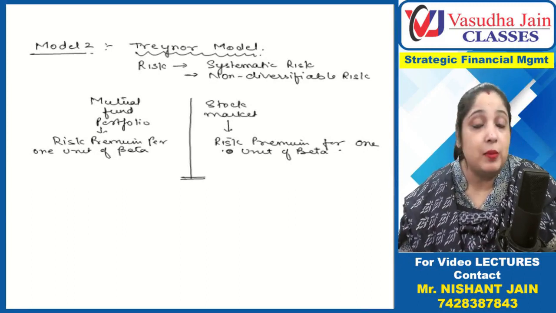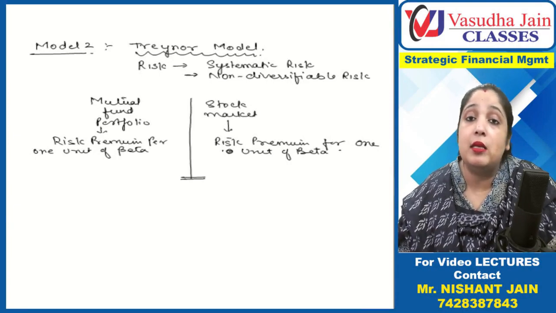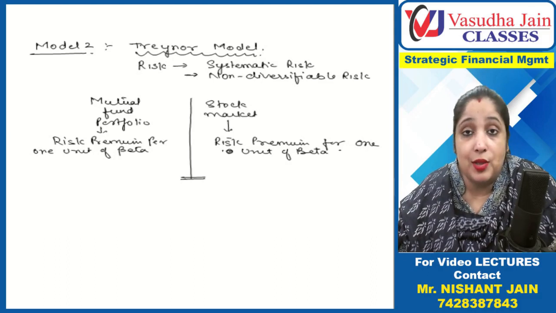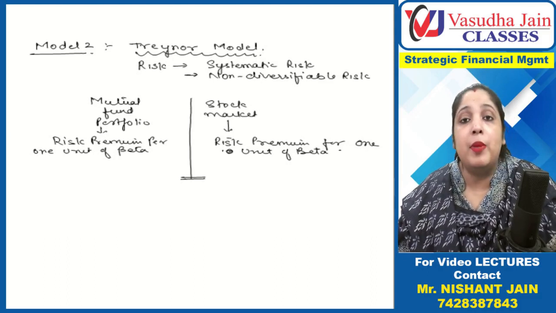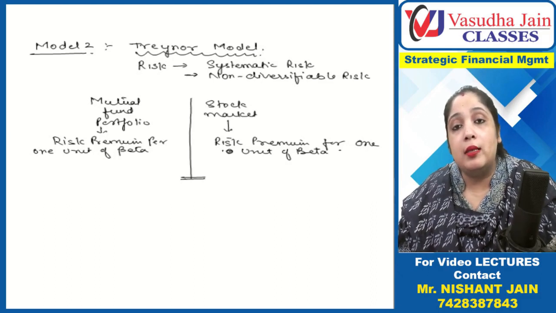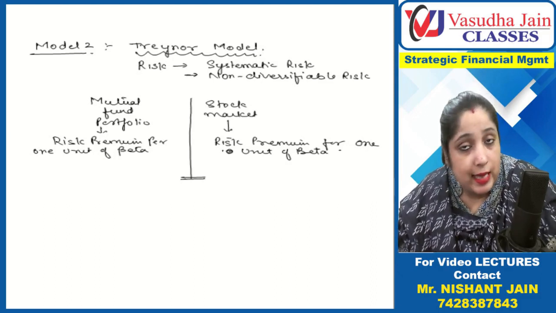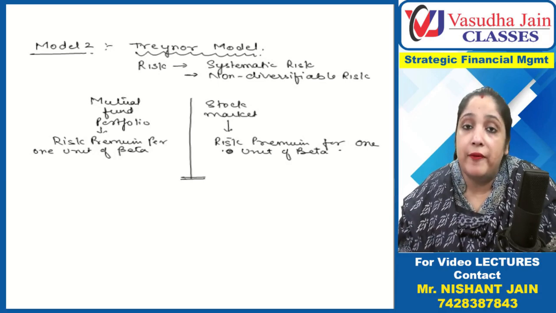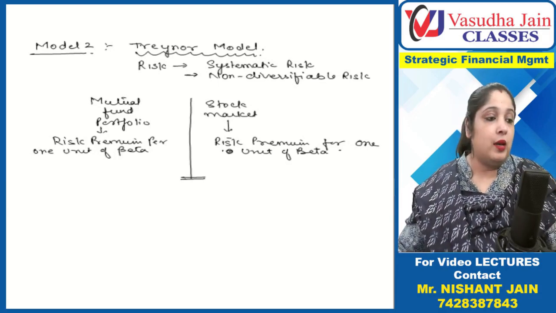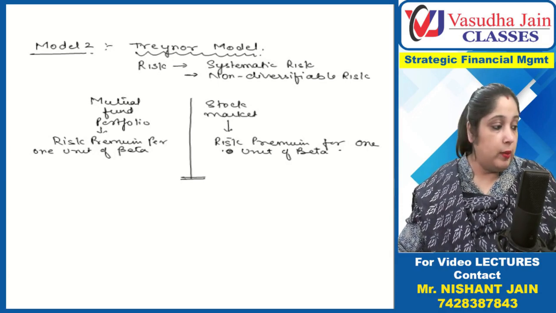Non-diversifiable risk, systematic risk. What is systematic risk? This is risk at the macro level, which is affecting all the industries. Definitely some industries are affected more and some less, but systematic risk affects all industries in the same direction. That is called systematic risk. So please write down a little bit of notes.